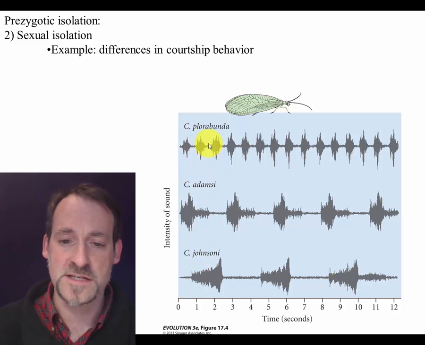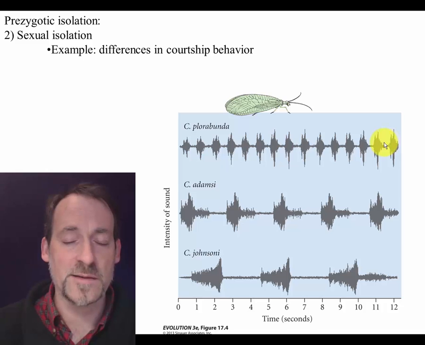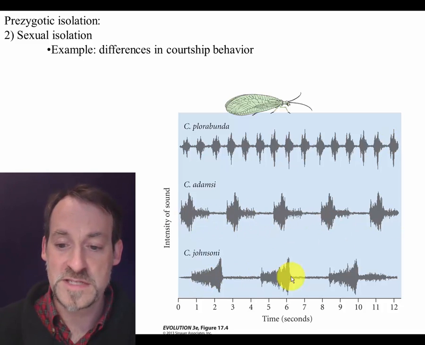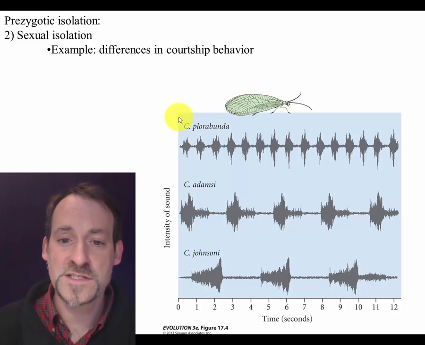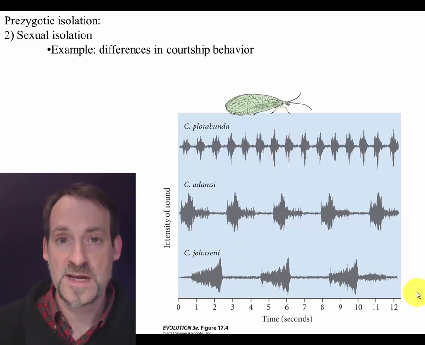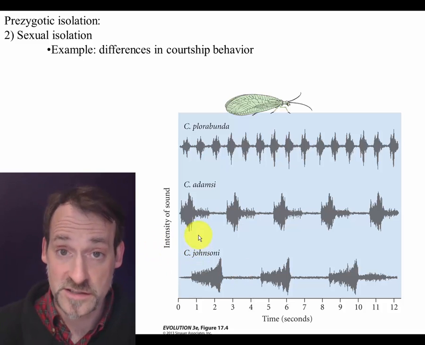These are three different species here, and you can see from these sonograms that the calls of the three different species are really different. If a male from this species is making this sound, a female from this species is not going to be interested in it. And so this gene pool and this gene pool do not exchange alleles.